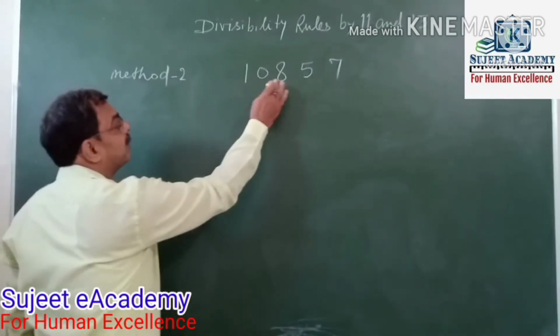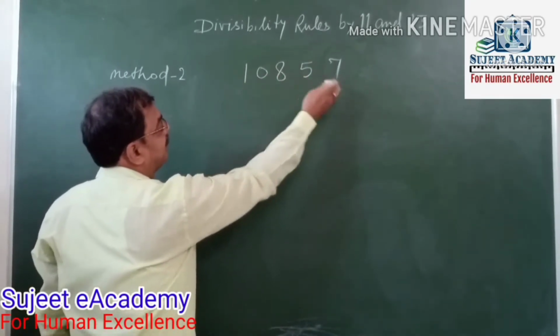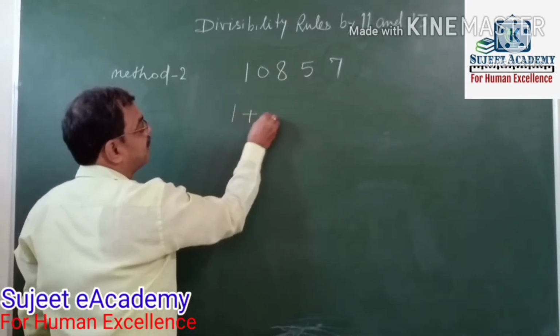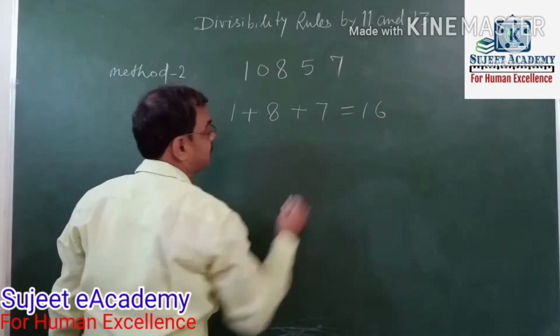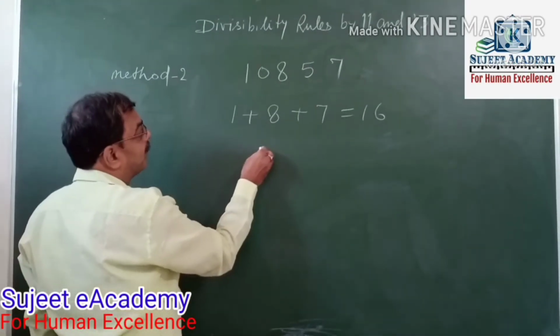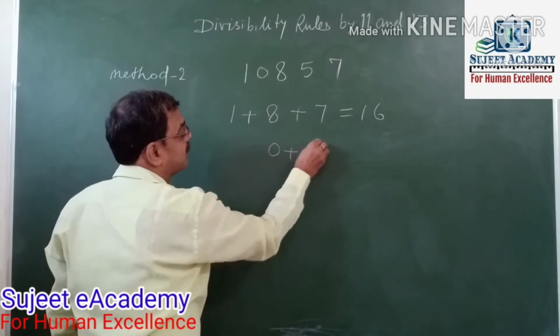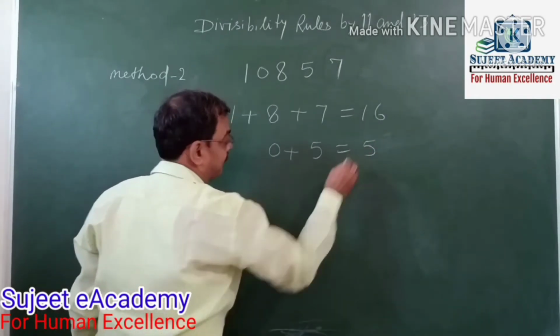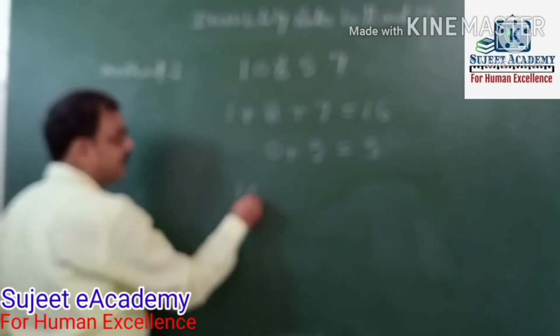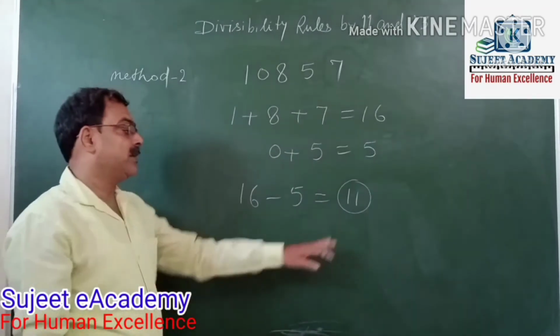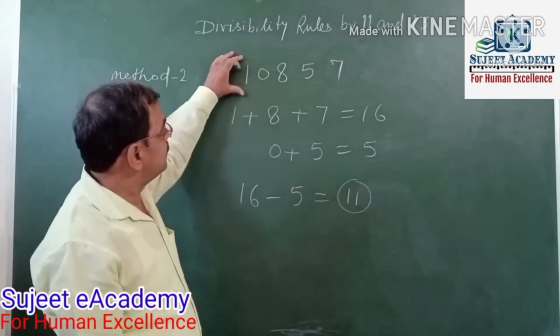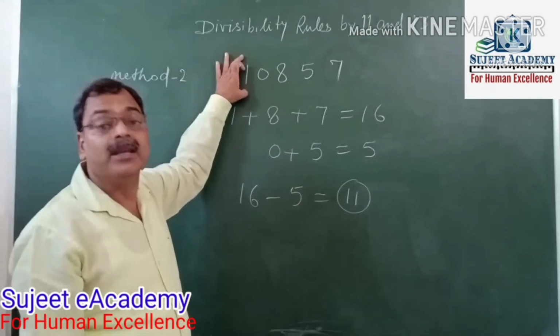Then the sum of odd place values is 1 plus 8 plus 7 is equal to 16. And the sum of even place values is 0 plus 5 is equal to 5. Now, their difference is equal to 11. This 11 is divisible by 11. Hence, this number is also divisible by 11.